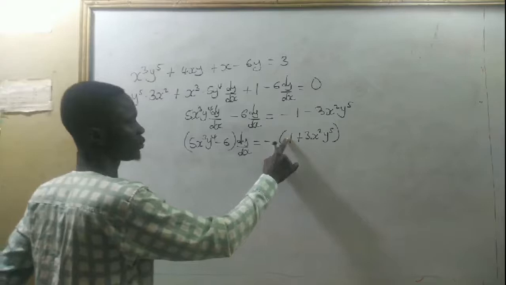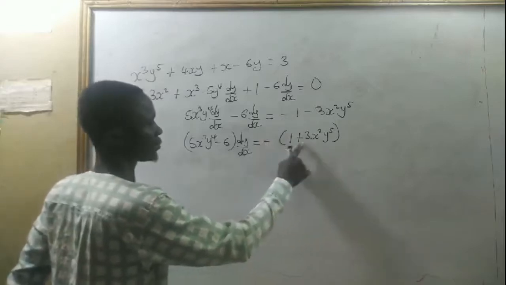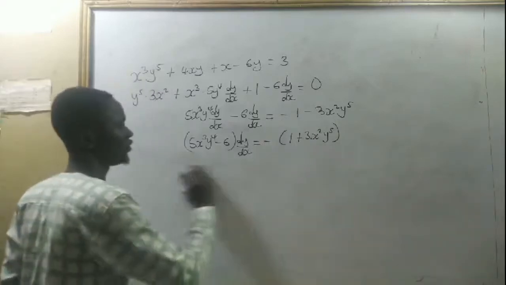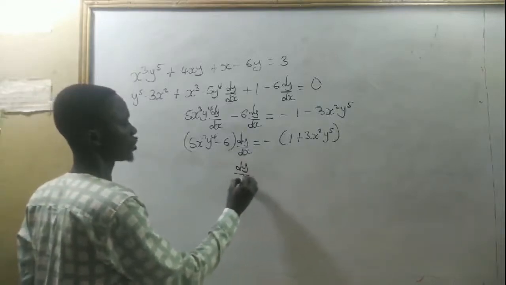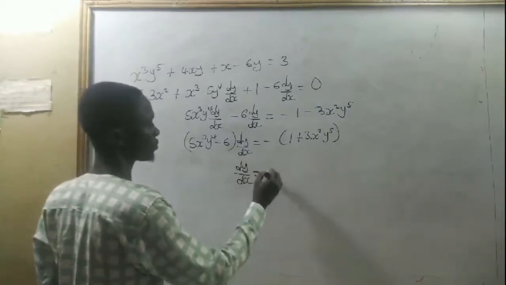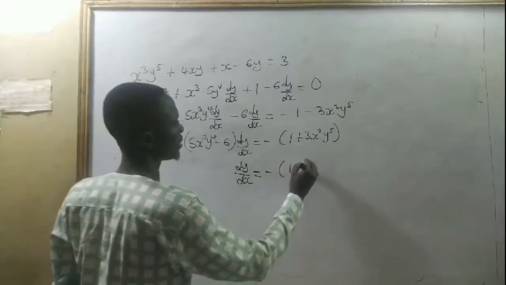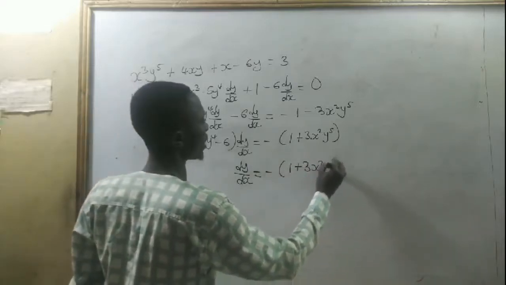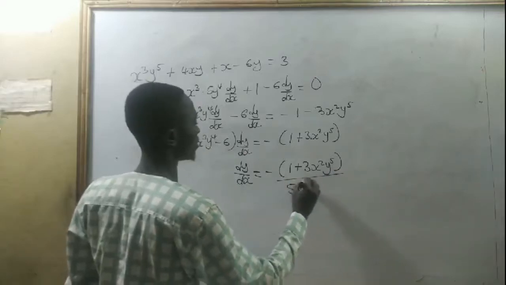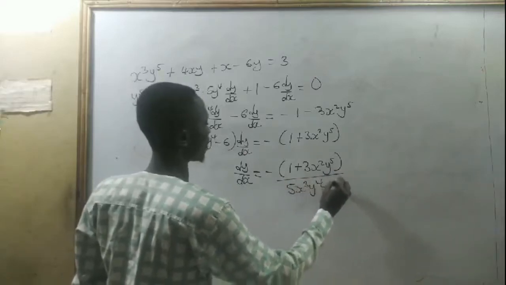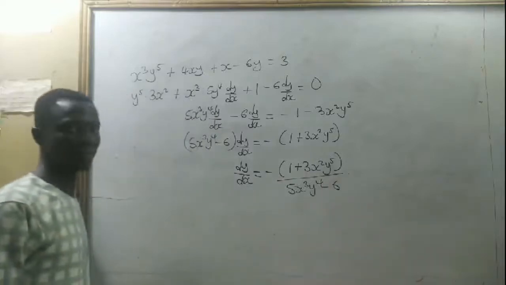Negative times positive will give you negative. So you divide through by this. We have the derivative of y with respect to x equal to negative into bracket 1 plus 3x squared y to the power 5, all divided by 5x cubed y to the power 4 minus 6 as our final answer.